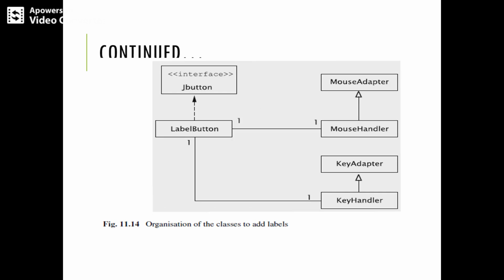This is the diagrammatic representation of the organization of the classes to add labels. Before going to this, we should discuss accepting input, how we are going to accept input in the view subsystem. We have already decided the user will issue commands by clicking on particular buttons. In the current implementation, we assume that coordinates are given, such as the endpoints of the lines and the starting point of the labels.